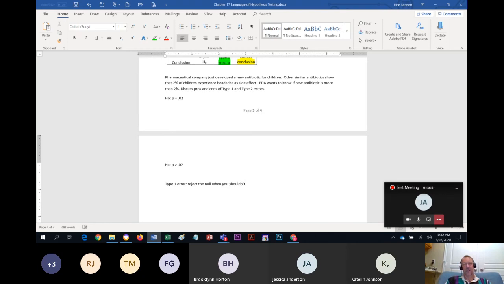So in this case, let's say that the FDA says 2% is safe and greater than 2% would be not safe. If we reject the null, then we think the antibiotic is not safe when in fact it is safe.